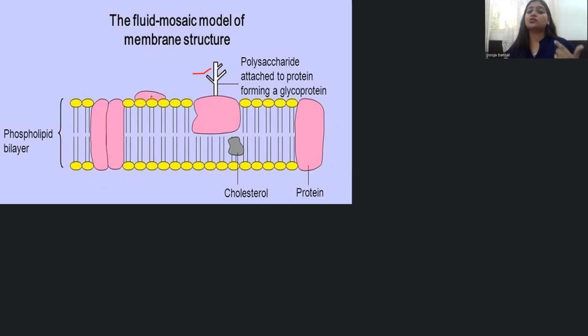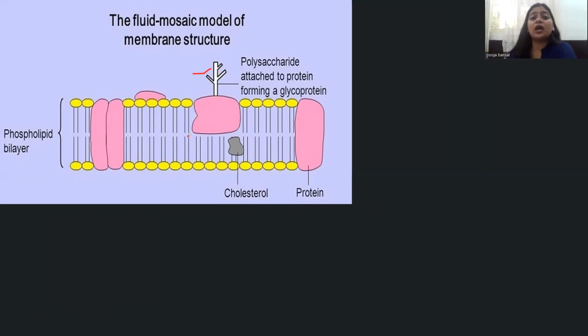These are extrinsic proteins. So membrane has two types of protein: intrinsic proteins and extrinsic proteins. Intrinsic proteins are present in between the lipids, and extrinsic proteins are present outside the lipids, that is, on the periphery of the lipids.